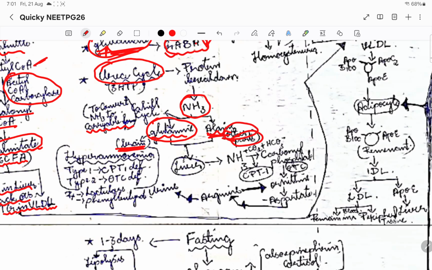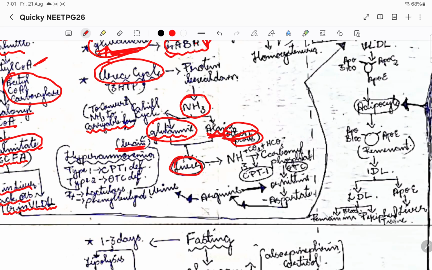Now after converting into carryable form, it will go down to the liver. I told you, this is the detox organ. Now that it has reached the liver, it is safe to convert back to ammonia, because here also it is not going to keep the ammonia as such, it immediately converts it to urea. So how does this ammonia conversion take place? Let us see.